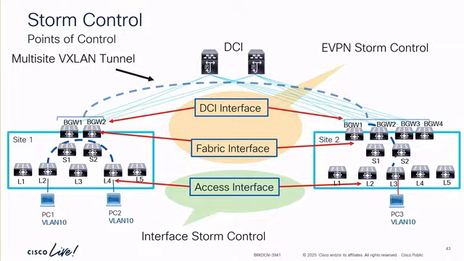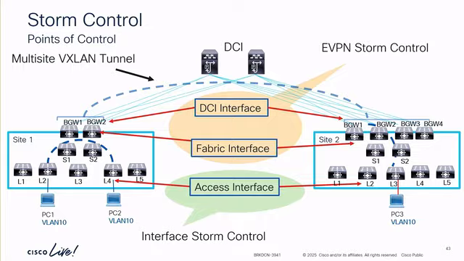And if you're extending those VLANs across the site, then we can police that traffic, perform storm control at the fabric interface. The fabric interface is the link from the border gateway that connects to the internal site, and then the DCI interface. So when I'm referring to doing storm control on the border gateway, we call that EVPN storm control. So that's the first fundamental concept.